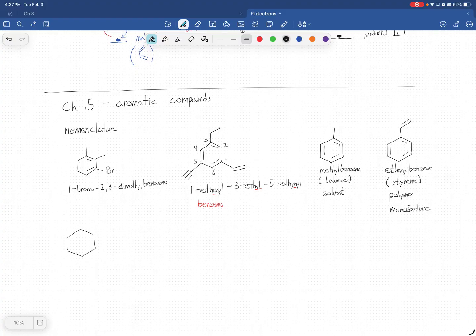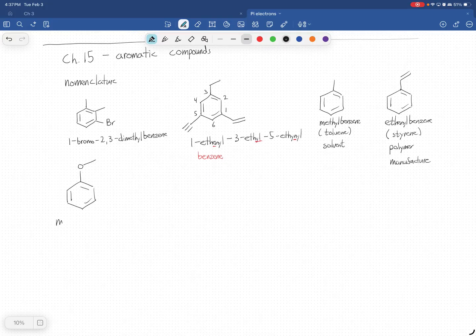Now we get to different functional groups here. When we have an oxygen and a CH3 group, that is called methoxybenzene. However, this is known by a common name. That's called anisole.